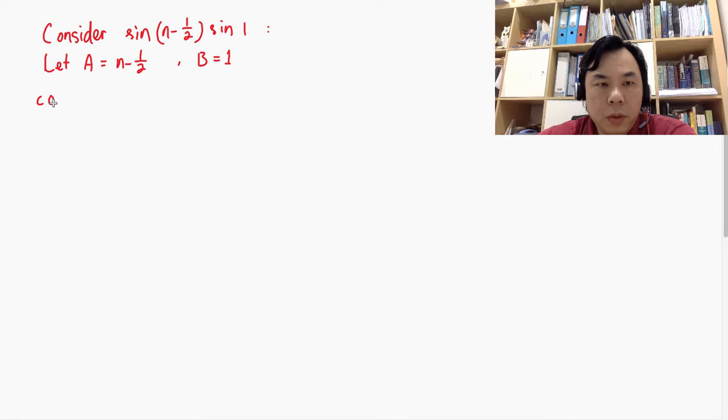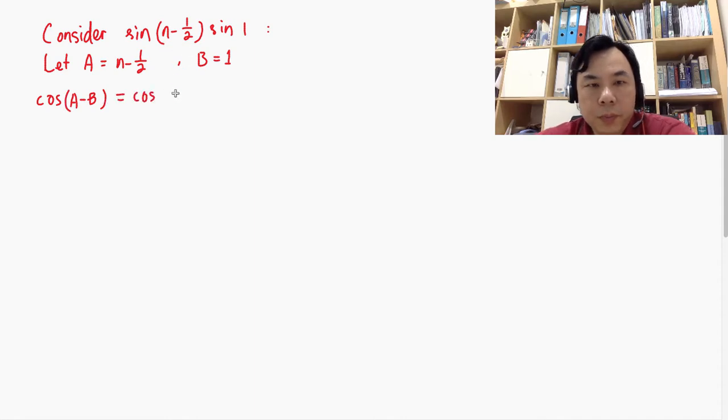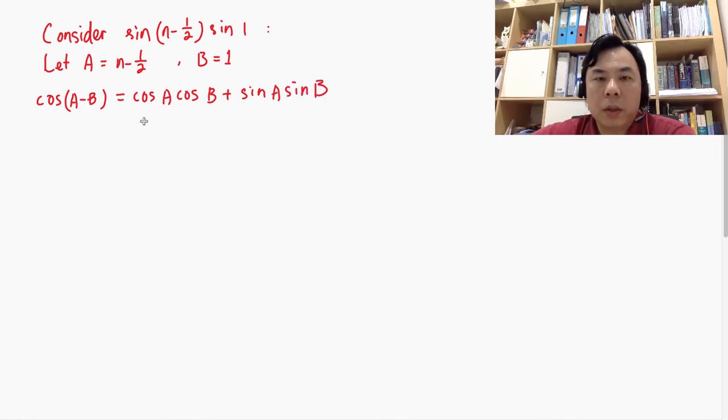So I'm going to use cos(A minus B) is equal to cos A cos B plus sine A sine B. Okay, this one you can get from the data booklet. And then that will be our first equation here.